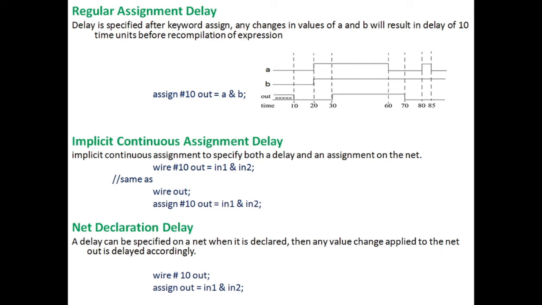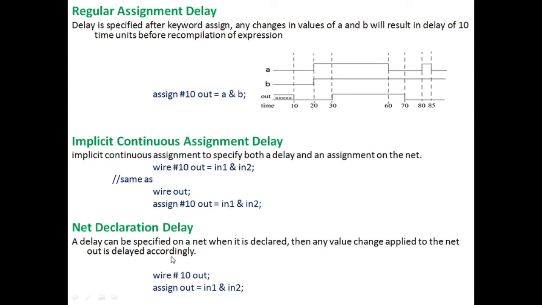Implicit continuous assignment is used to specify both a delay and an assignment on the net. As soon as out is declared as a net, the assignment is declared and the delay is also declared. This is about implicit continuous assignment.